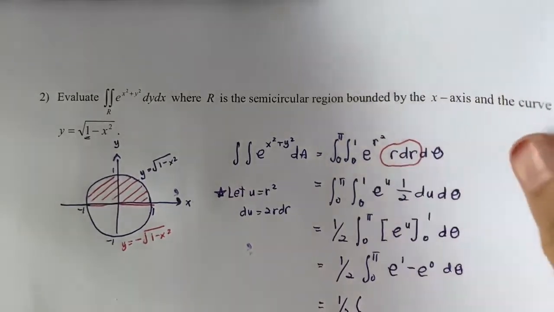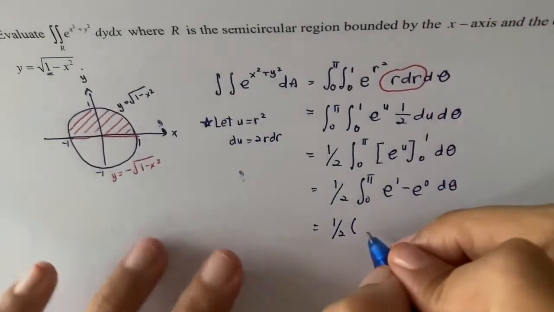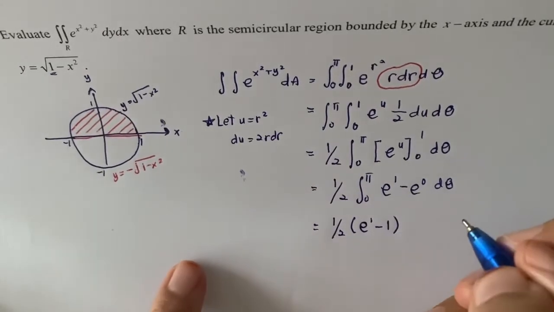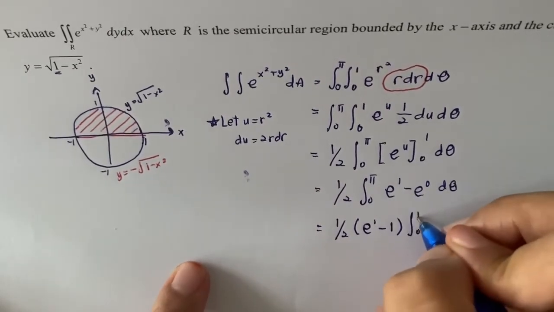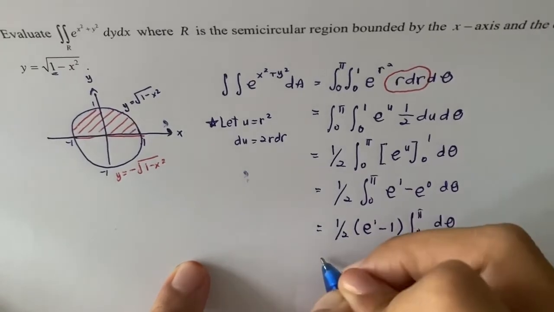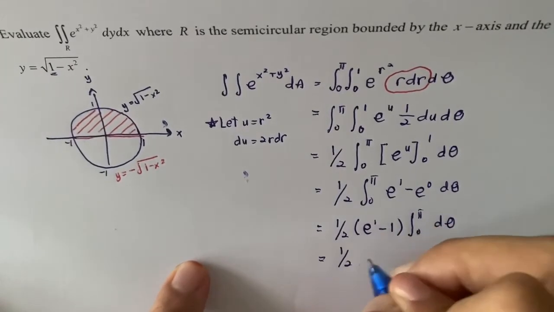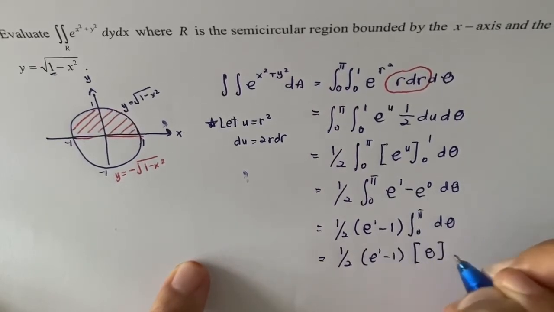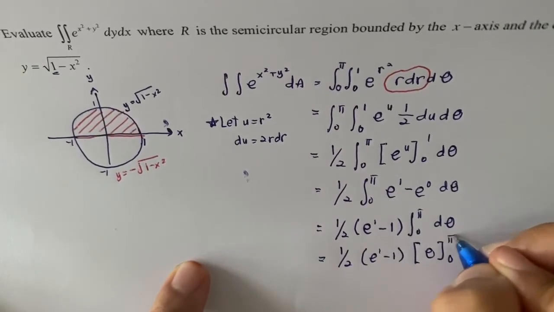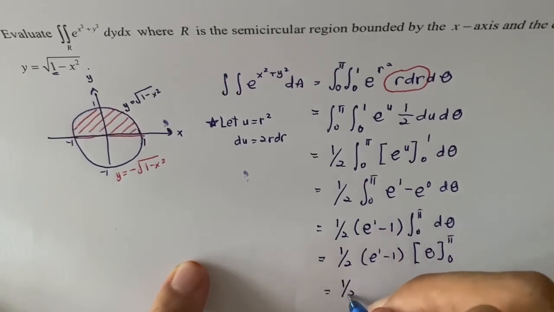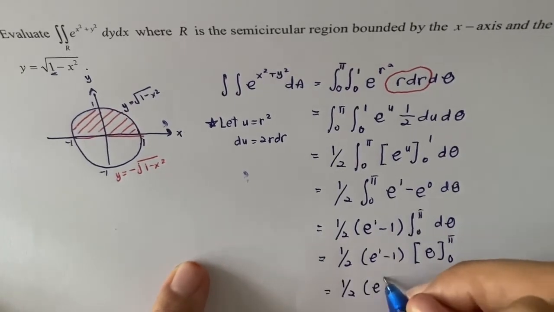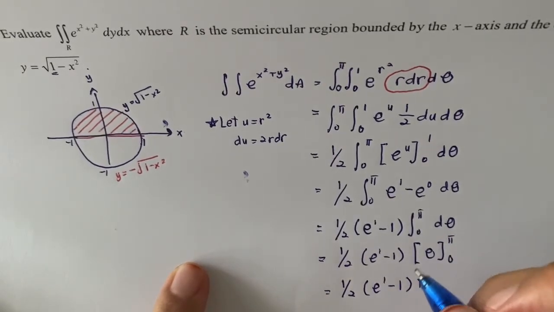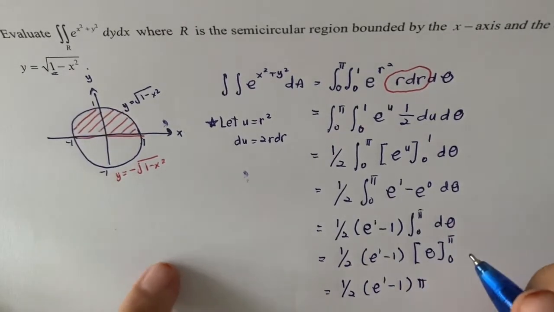Okay, so we can write it outside. So e to the 1 minus e to the 0 is equal to e minus 1. So you have 0 to pi for d theta. So 1 over 2 times e minus 1 times theta, the integral of 1 with respect to theta is theta. So for this one, I have half times e minus 1, substitute pi minus 0, I have pi. So this is the final answer.